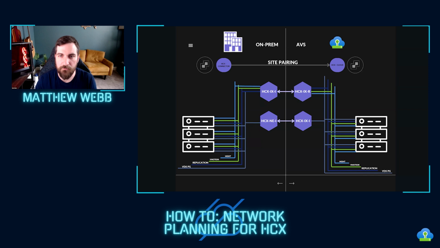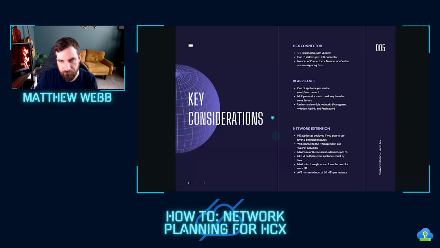So the most important part, you'll have the brain, the HCX connector appliance, and then you're going to have the data movers and network extension appliances: the IX or interconnect appliance and the network extension appliance. You may actually have a little bit more than this, but this is going to stick to the most common deployments. You may have an OSAM appliance if you're bringing in non-vSphere workloads, but I just want to mention that. I'm not really going to cover that in this section.